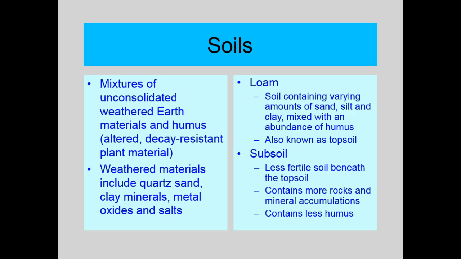The subsoil doesn't have that. Typically it's less fertile because the nutrients either don't get down there or they wash through it, one or the other, because the humus controls and holds nutrients as well.